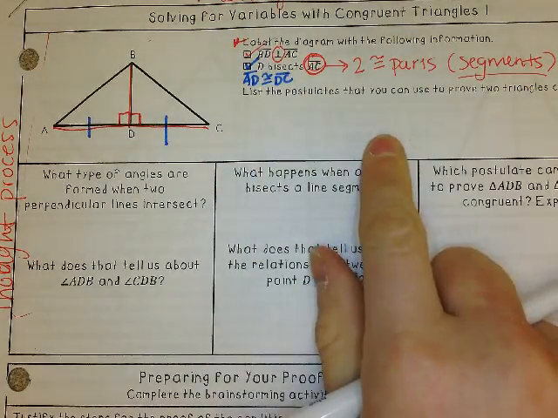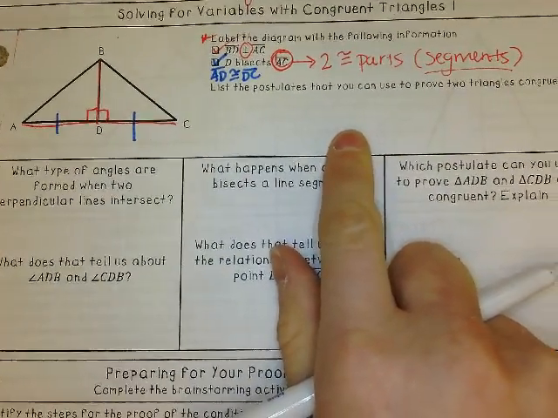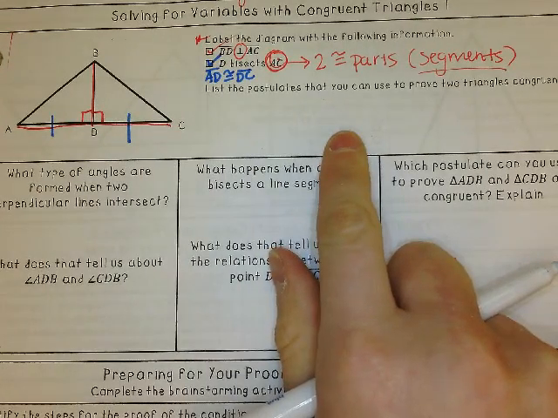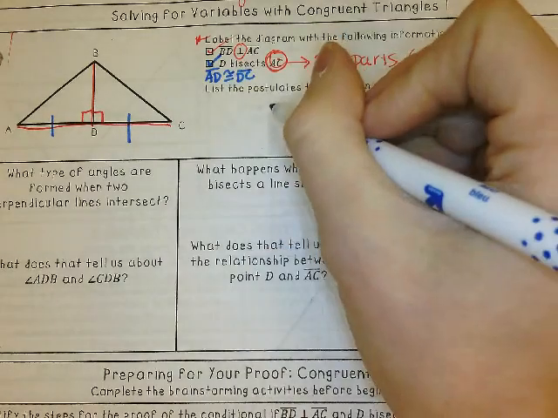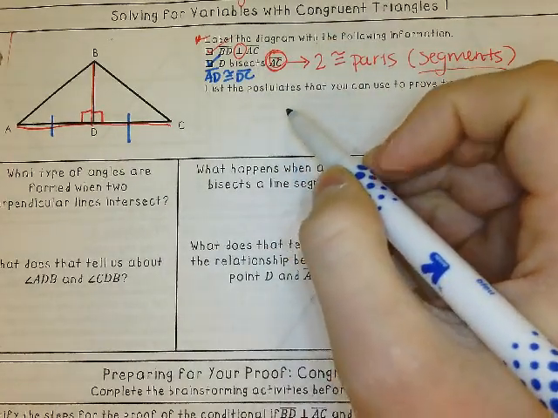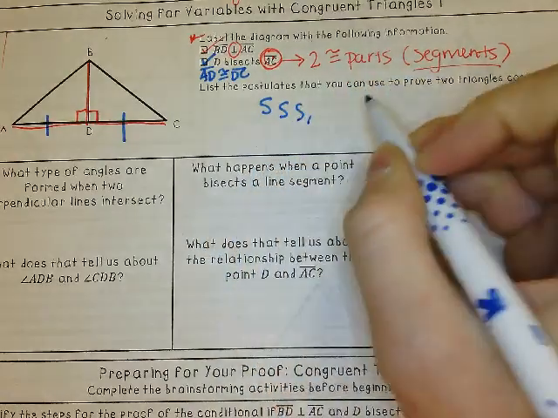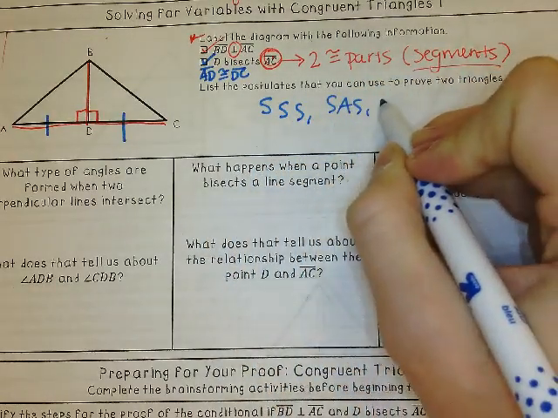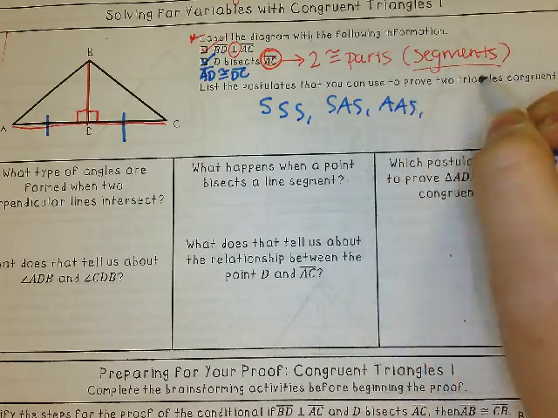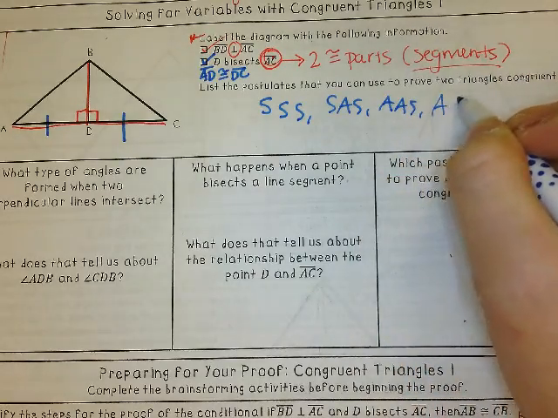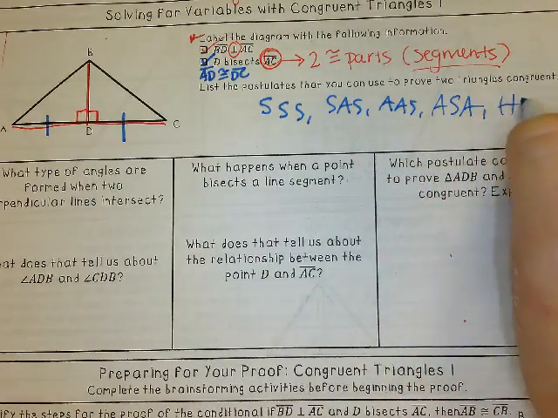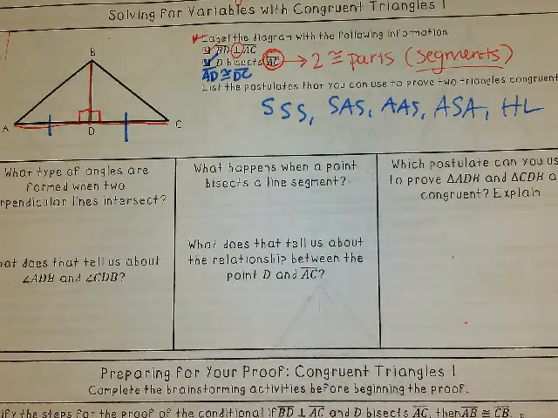Okay, list the postulates that you can use right now to prove that you're congruent. So far we've got a side and an angle. So we'll just list all of them that are available. So we have side-side-side, side-angle-side, angle-side-angle, angle-angle-side, and hypotenuse-leg. Okay, so we have all those options right now.